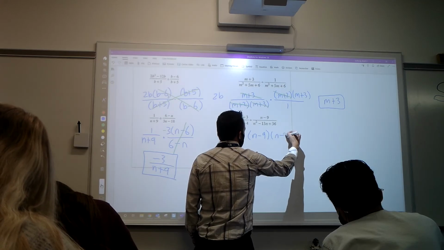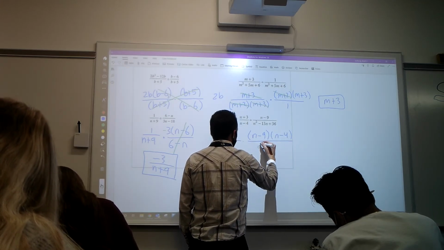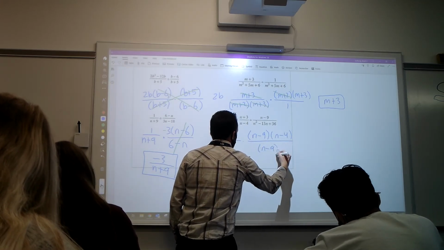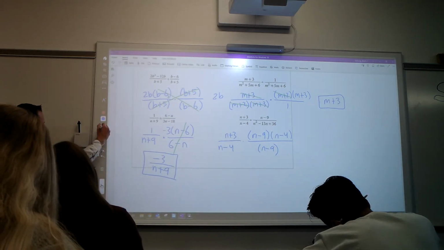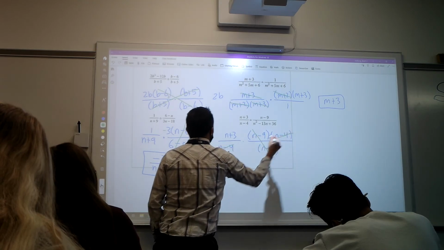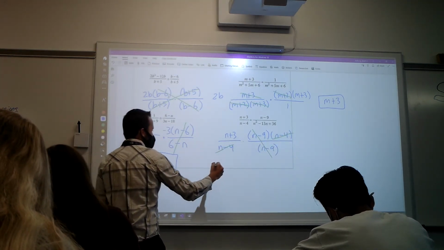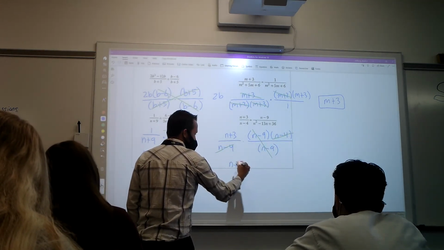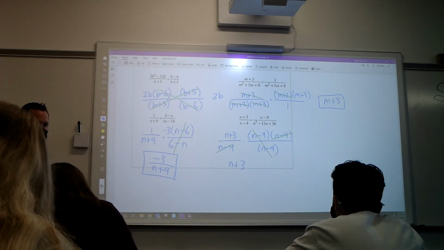Awesome. Okay. And then n minus 9 would be on the bottom. And then you can cross out n minus 9 and n minus 4. So you're just left with, do you guys agree with Peyton there? Nice job. There we go.